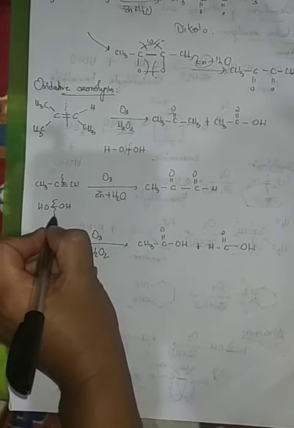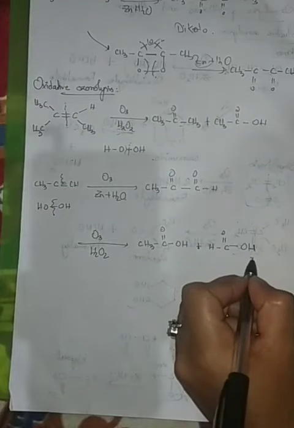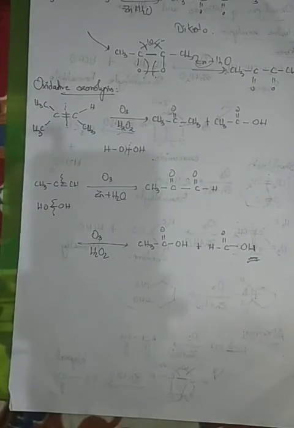Now it breaks up in this way. Therefore, there is formation of acids in the oxidative ozonolysis of alkenes and alkynes.